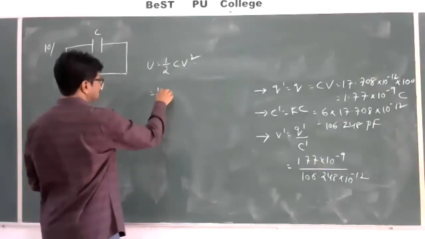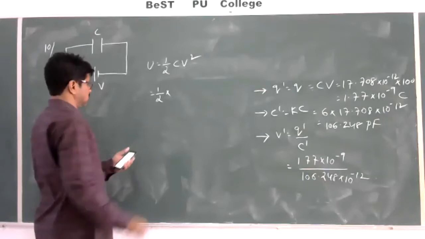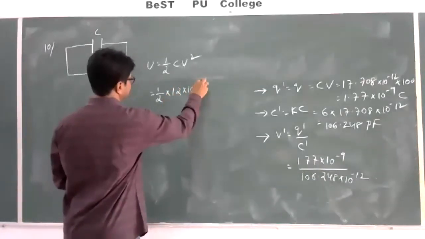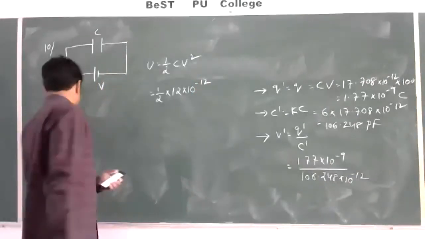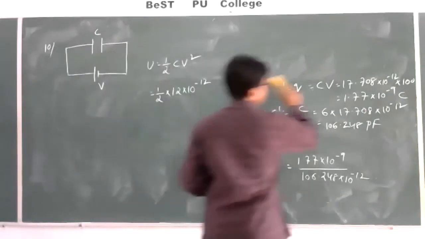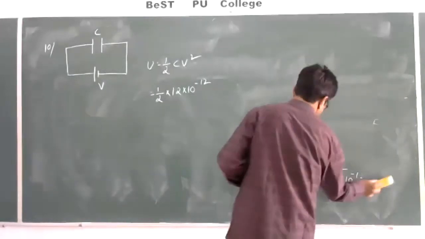Half. C value in the problem is given as 12 pico, connected to a source of 50 volts. V is equal to 50 volts, he gave.